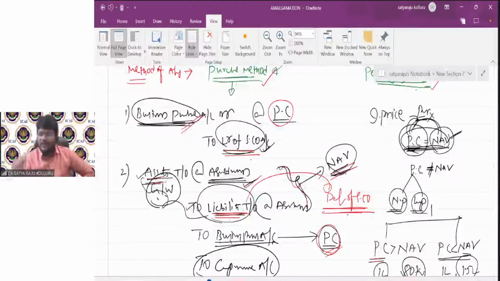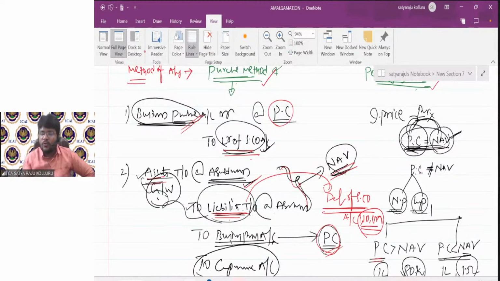selling company. Let us assume the price at which we are acquiring the debentures of the selling company is 1,10,000. Face value is 1 lakh, but we are acquiring at 1,10,000. That's why I incorporated it at 1,10,000. But whose debentures are these? Debentures of the selling company. But once the selling company is liquidated, there is no value for the debentures of the selling company.